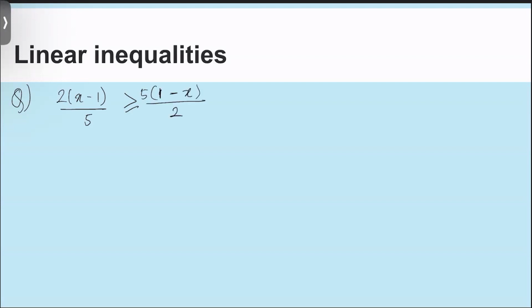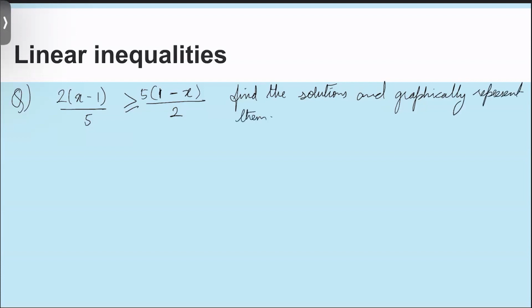Find the solutions and graphically represent them.